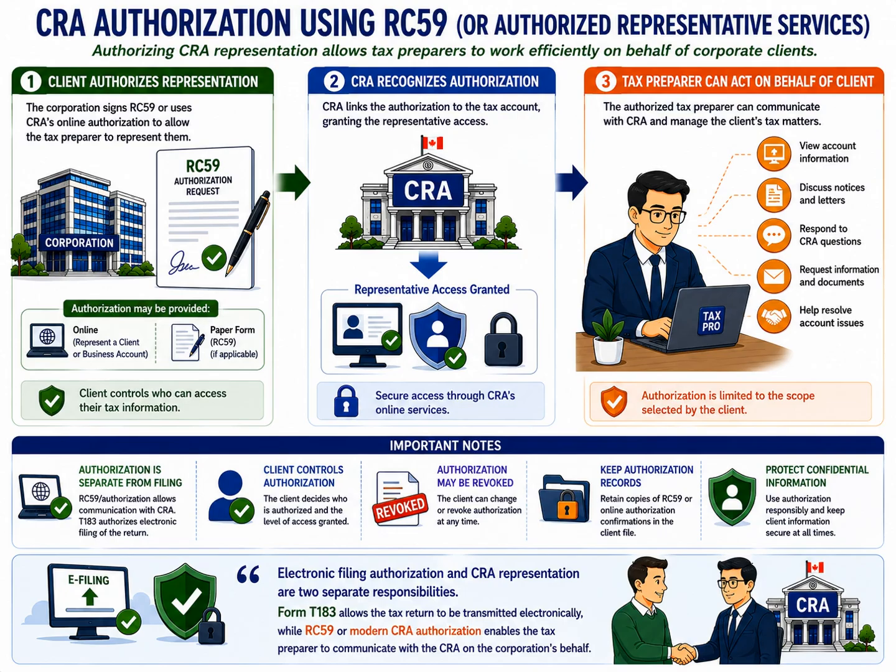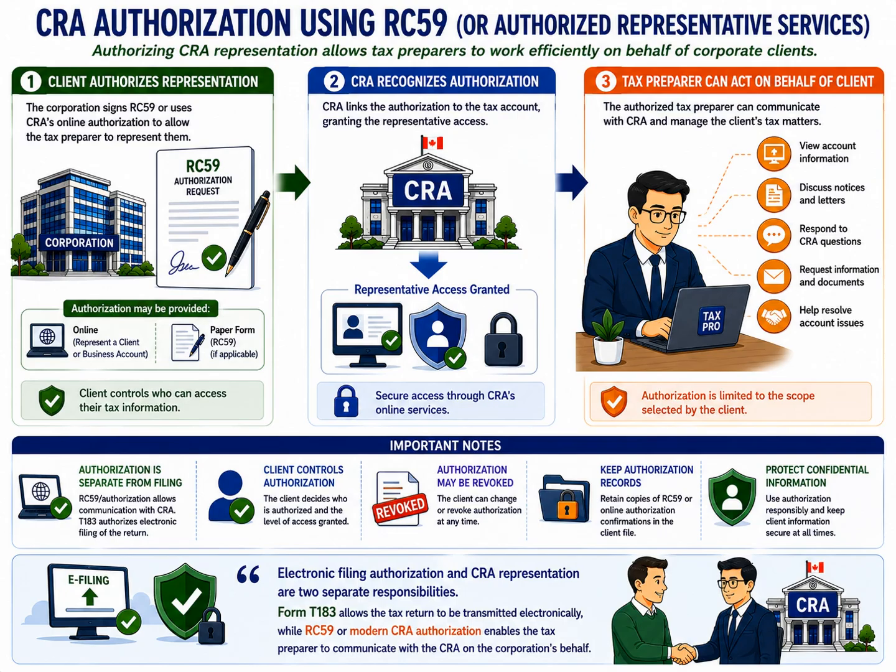Regardless of the method used, the purpose remains the same: to allow the designated tax professional to represent the corporation before the CRA. Once the authorization has been processed by the CRA, the representative receives access to the corporation's tax account according to the level of permission granted by the client.